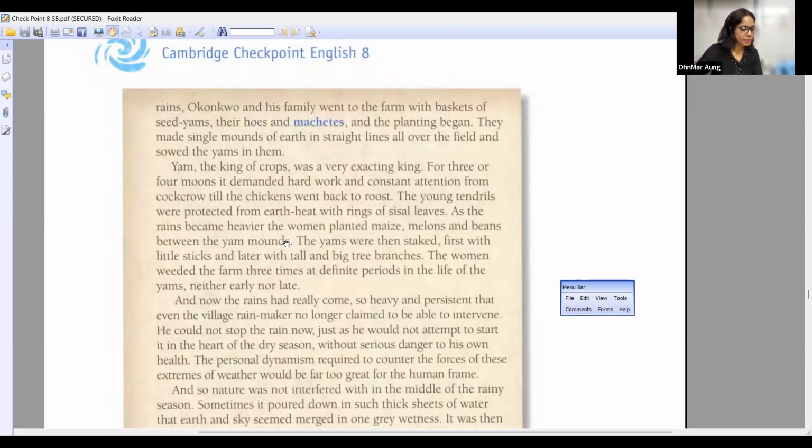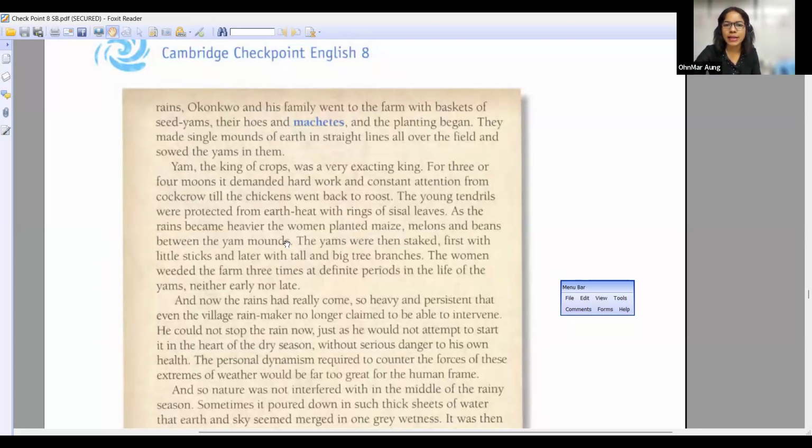In the picture, you can see that. Look at the picture. That is the mound of earth. And then between the mounds, the women plant some crops like maize, melons, and beans.